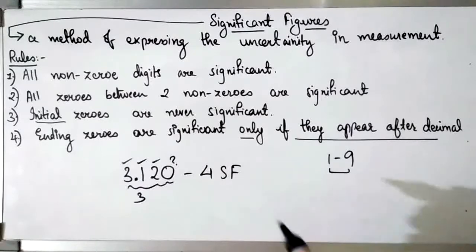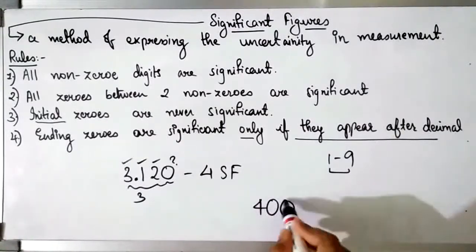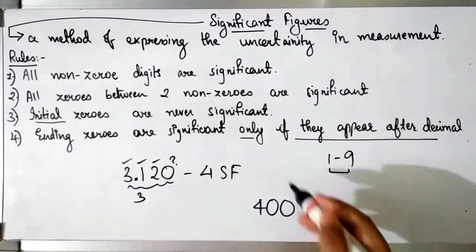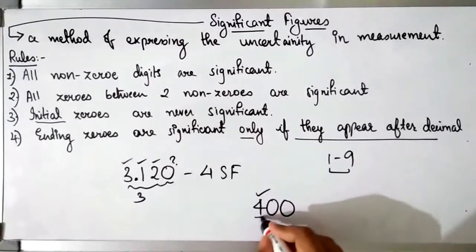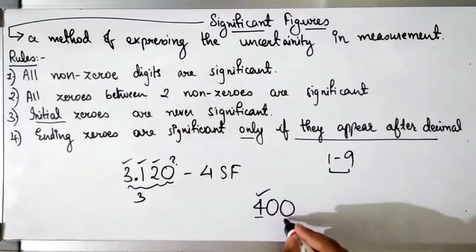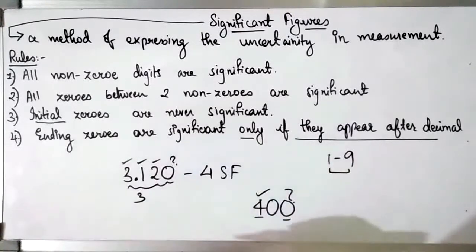Now let me give you one more example. Suppose we have 400. Now if I ask you how many significant figures are present over here, you would say that first this 4 is significant because it is a non-zero. Next you would check for the 0. Now this 0 is present in the last. Okay, it is an ending 0.